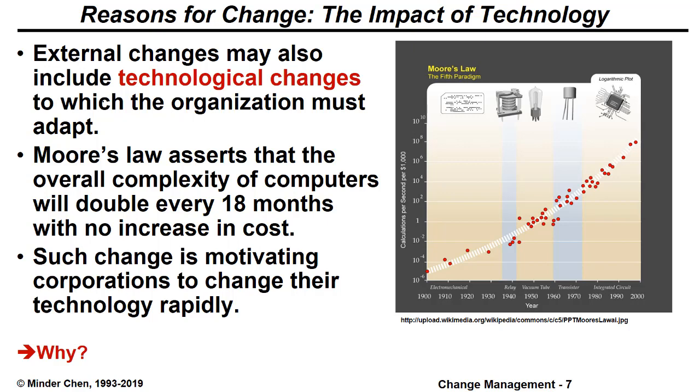The change in technology has been great for the last 20, 30, or 40 years, partially due to the rapid improvement of electronic, computer, and communication technology. There's a law called Moore's Law that asserted that the complexity of computers doubles every 18 months.